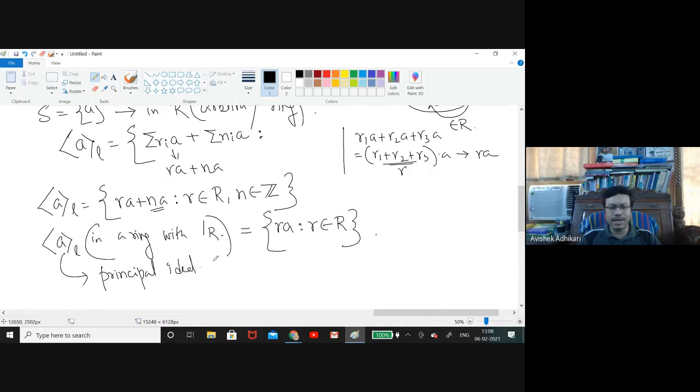That means the ideal generated by a single element.